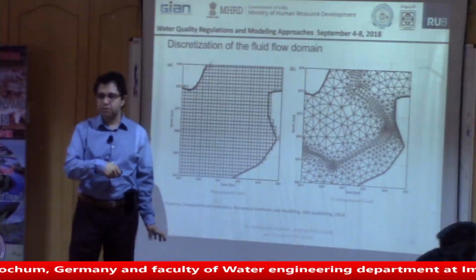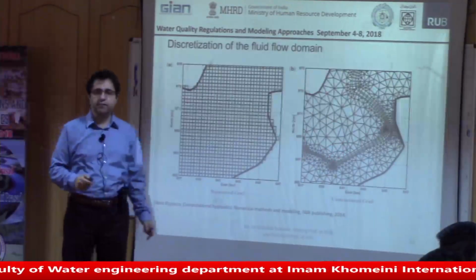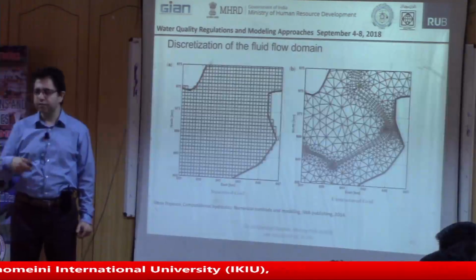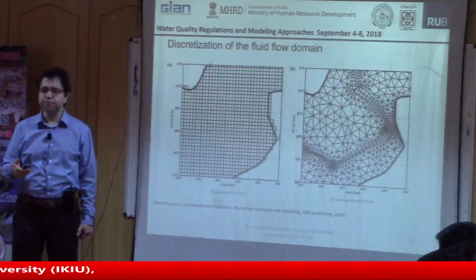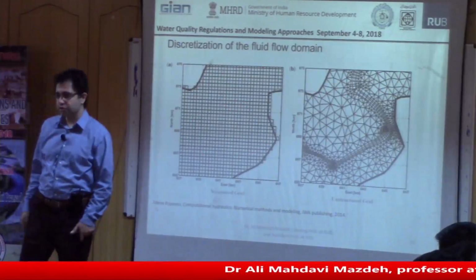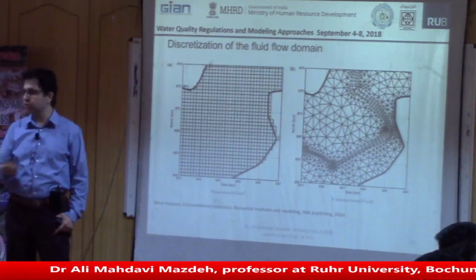So it is the unstructured grid, and in practice it is used much more, but for education and for learning the numerical methods, we will usually start with the structured grid, because it is much easier.